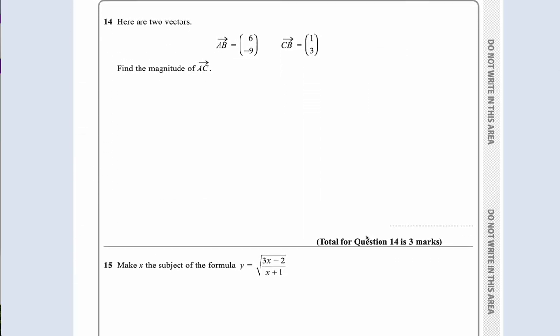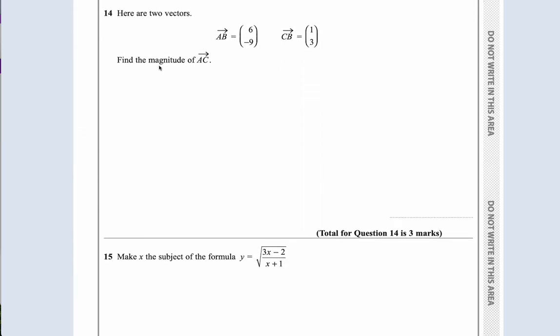Okay, question 14. Here are two vectors. Find the magnitude of AC. Right, guys, with vectors, draw the vectors. If AB is (6, -9), that means if this is A, we'll start at A. We're going to go along 6, down 9. It'll be somewhere like this.